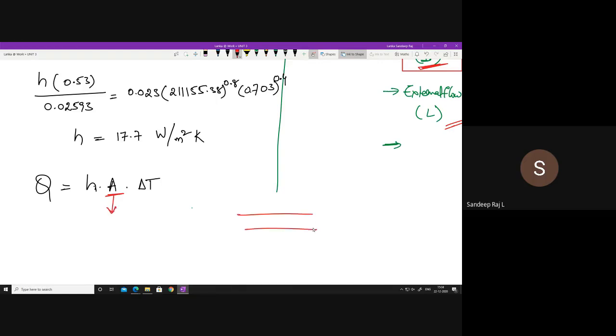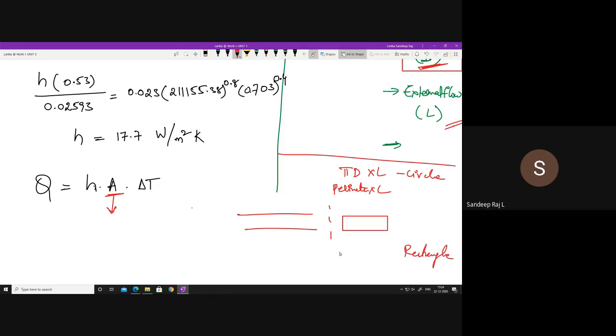Here, it's a tube, but this particular tube has a rectangular cross section. What you do in case of a circle, you will do pi d into L, that is, perimeter into L. Same case when it comes to a rectangle.